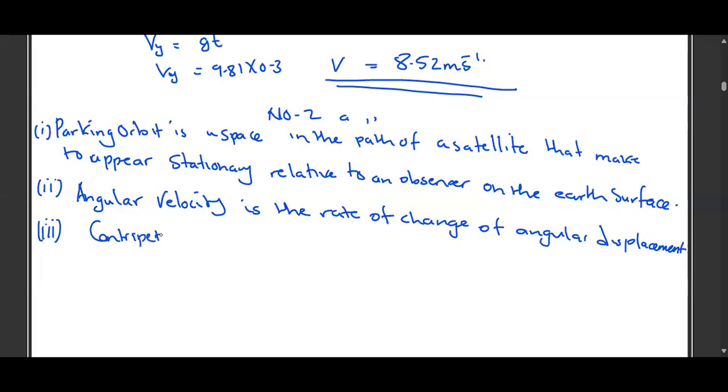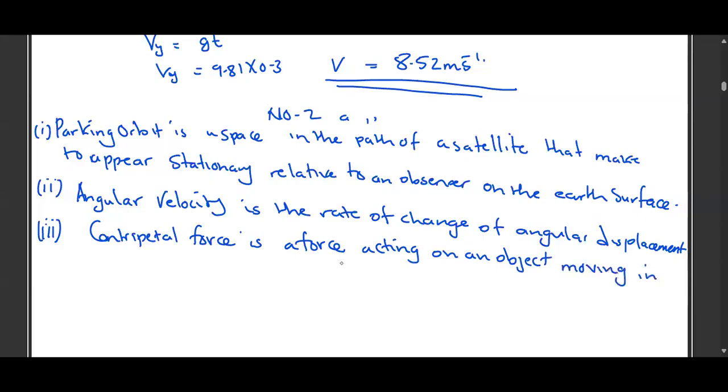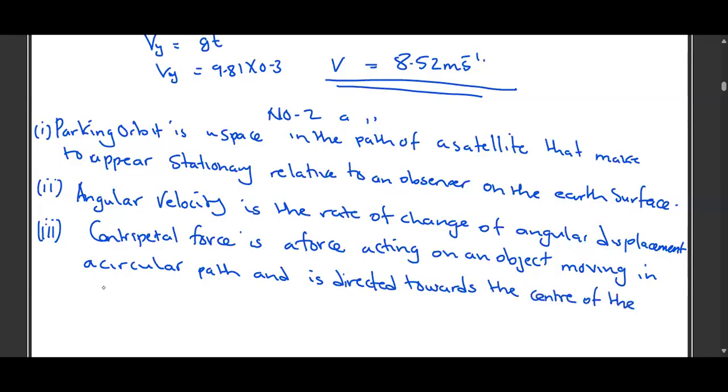Centripetal force is a force acting on an object moving in a circular path, and is directed towards the center of the circle.